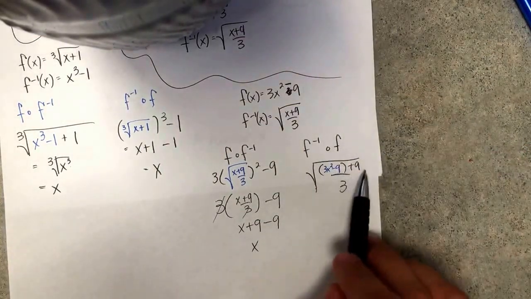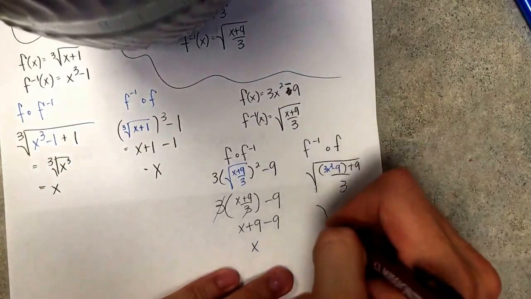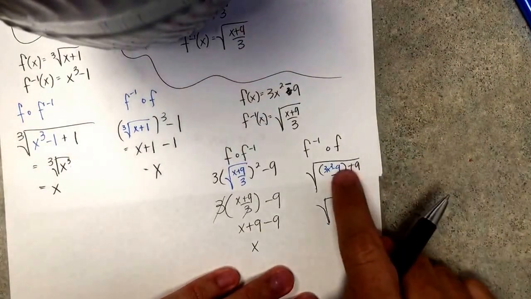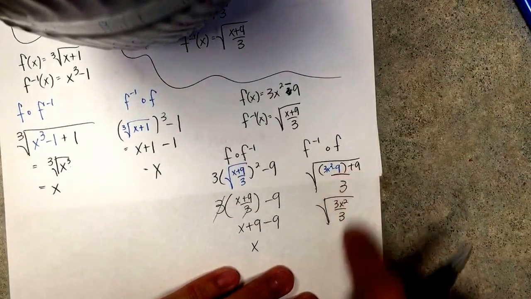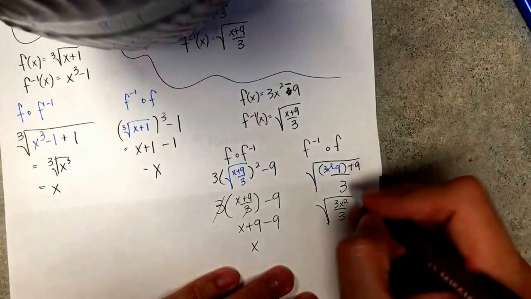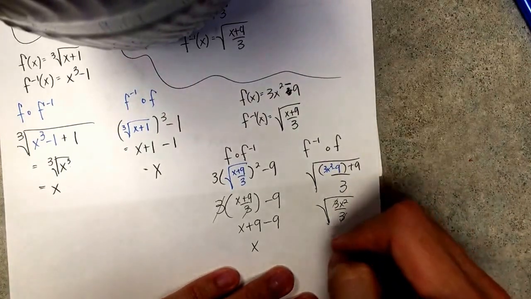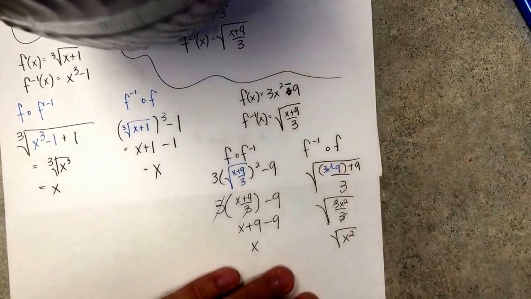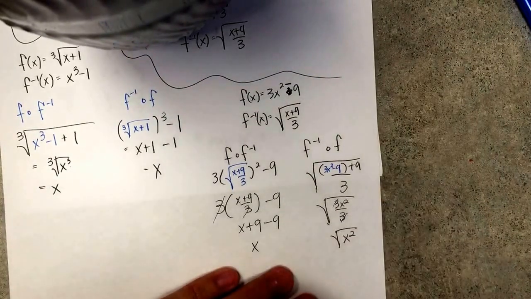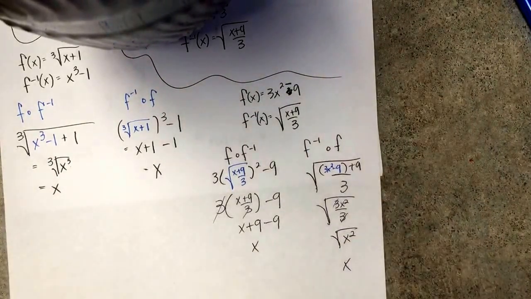The minus 9 and plus 9 cancel out. So under there we have a 3x squared over 3, because those 9's cancel out. Multiplication, division by 3, they cancel out. So I'm left with the square root of x squared. And we should know that the square root and the square cancel out, and you just get plain x.